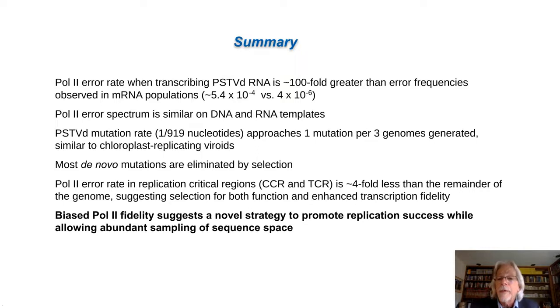And this biased Pol II fidelity suggests a novel strategy to promote replication while allowing abundant sampling of sequence space in the remainder of the genome. And frankly, I would expect that perhaps other viruses, in addition to the viroids, have developed such strategies as well.